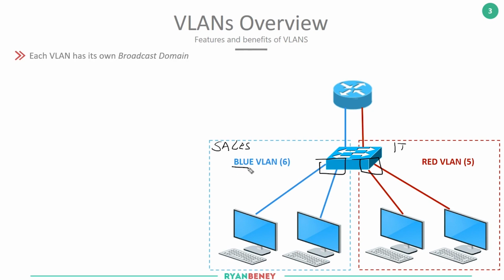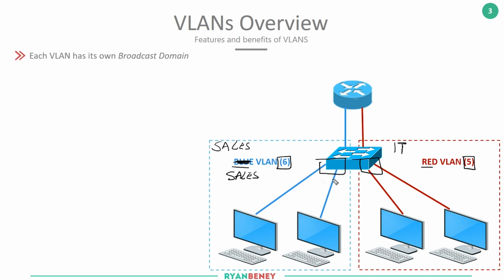We have VLAN blue and VLAN red. The VLANs are actually given a number, and that's how they're identified. And then alongside of that, you can actually give it a name. So here I've given VLAN blue the number 6. Maybe you might name this the sales VLAN, and VLAN red is for the IT. I've done it color coded just so it makes it a bit easier.